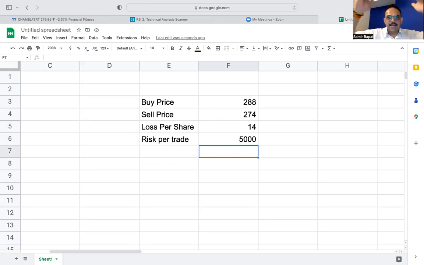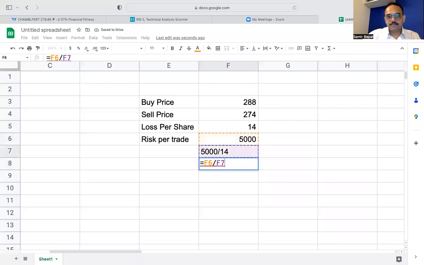So if I buy a share and it hits stop loss, I am ready to lose only 5,000 rupees, no more than that in this trade. So how many shares will I buy? I will be buying 5,000 divided by 14, roughly 357 shares.